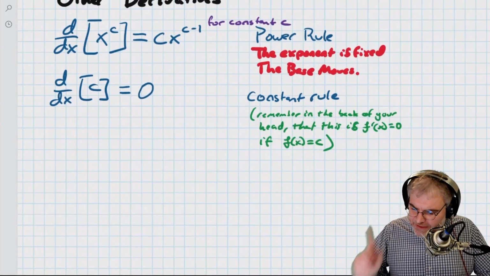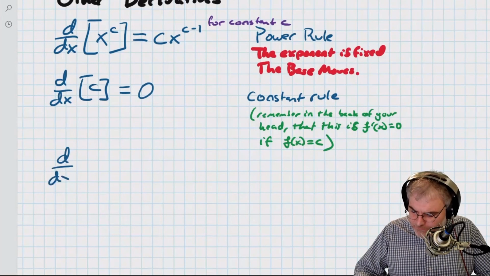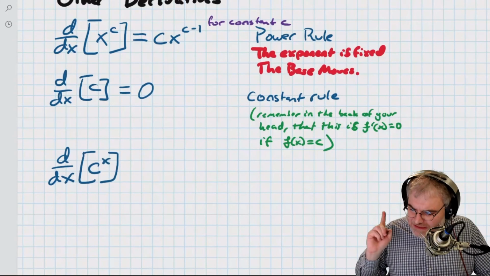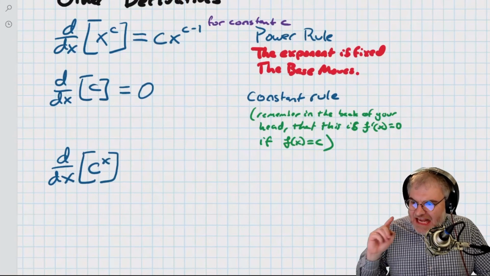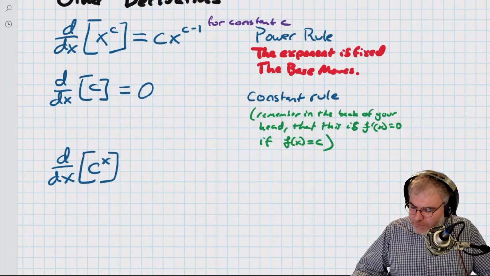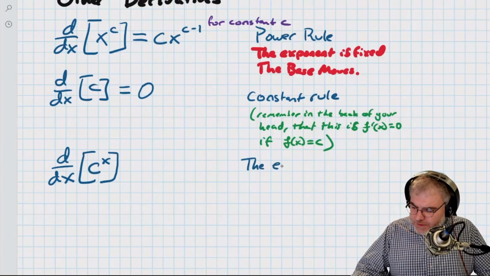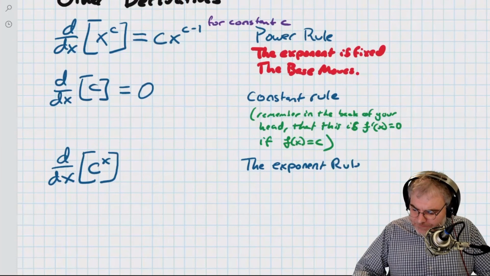All right, now, here's one that we're going to do. The book does it later, but I'm going to do it now. c to the x. So c is constant and x moves. This is the exponent rule. Okay?